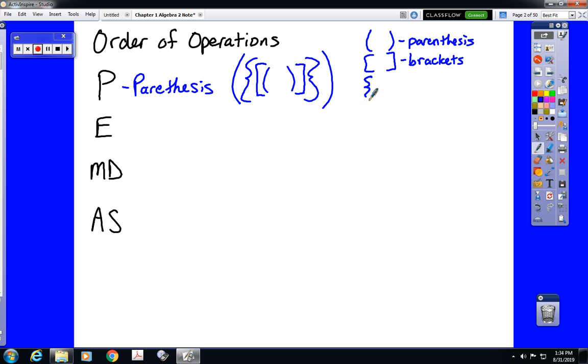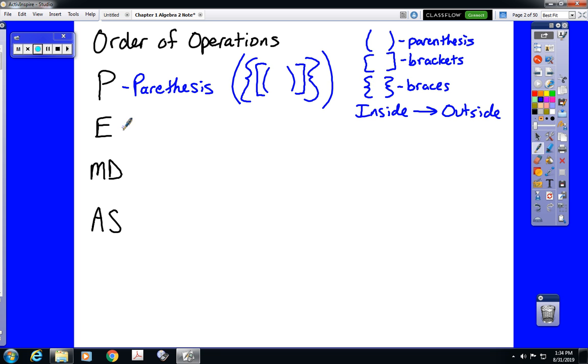And we have braces. But all of these are grouping symbols, and we will always work from the inside to the outside. So we'll start by simplifying anything inside of parentheses, working from the inside out. And if necessary, we will layer them: parentheses, then brackets, then braces, then parentheses, then brackets, then braces, etc.